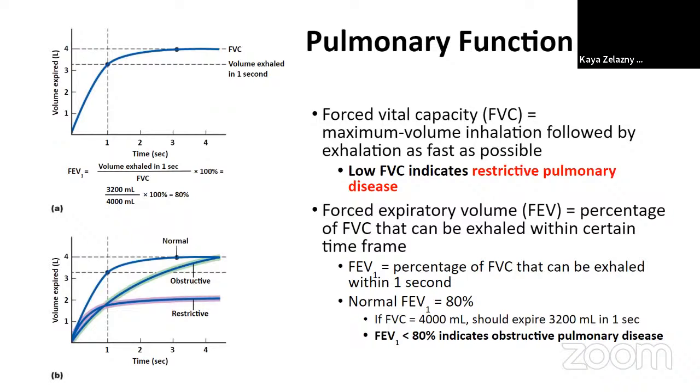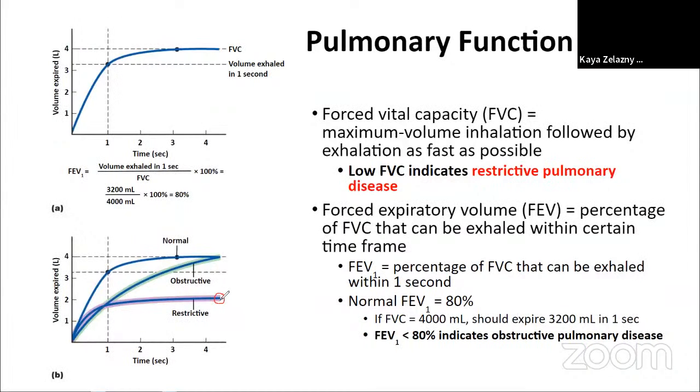And when we look at these two numbers, we can tell the difference between restrictive pulmonary diseases and obstructive pulmonary diseases. A restrictive pulmonary disease is like the lungs are restricted in how far they can expand. So this is a problem with the compliance. We never get the full amount of air in our lungs, so we have a low forced vital capacity.